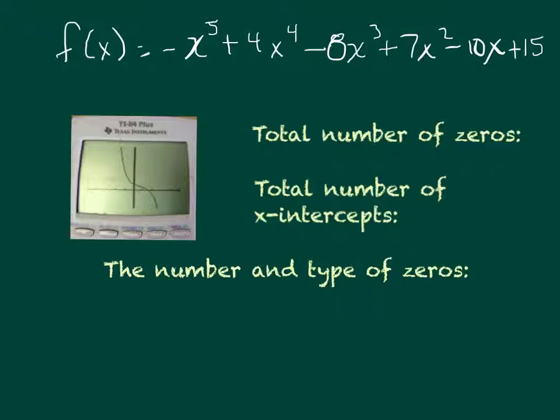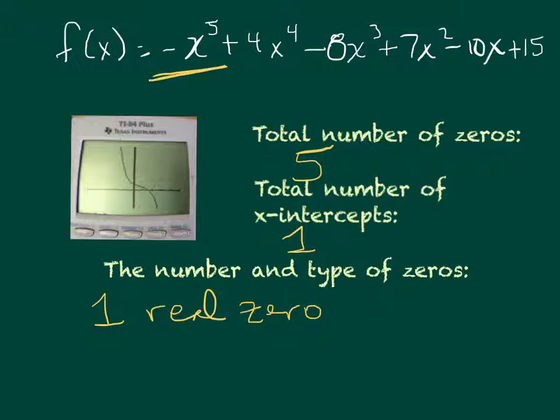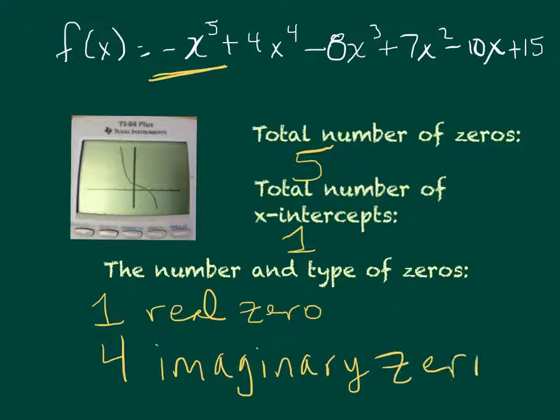The other thing that tells us that there's imaginary zeros is that this is a 5th-degree function, and so the total number of zeros could be 5, but there's only 1 x-intercept, which means there's going to be 1 real zero and 4 imaginary zeros. 1 real plus 4 imaginary equals a total of 5.